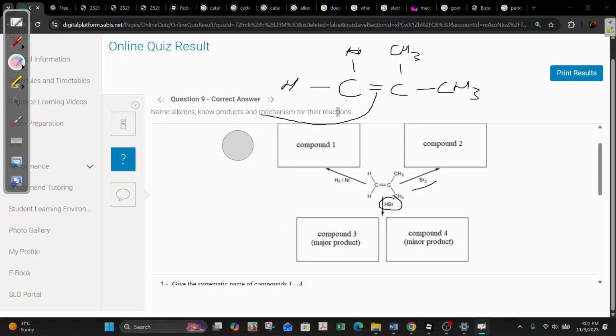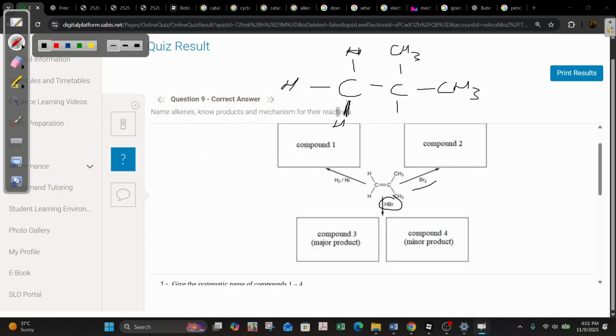As a result, the hydrogen will break the double bond, and it'll attach to the carbon with the most amount of hydrogen. And then what's left is bromine. And what does this react with? It reacts with this positive carbocation. And this will give you the major product according to Markovnikov's rule. So Markovnikov's rule just tells us what product will be the major product.